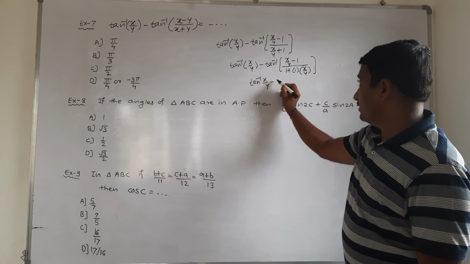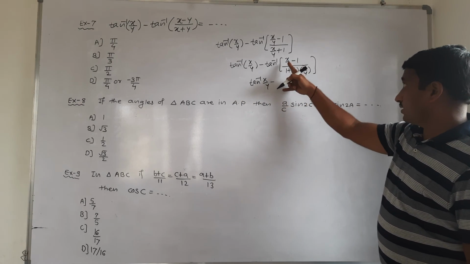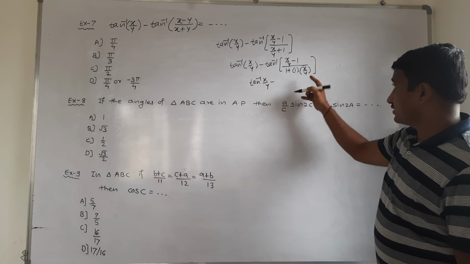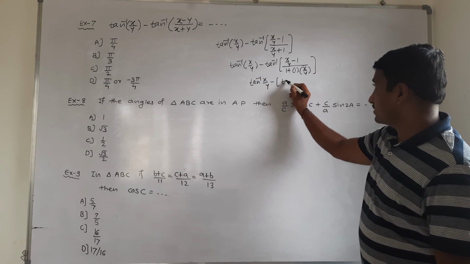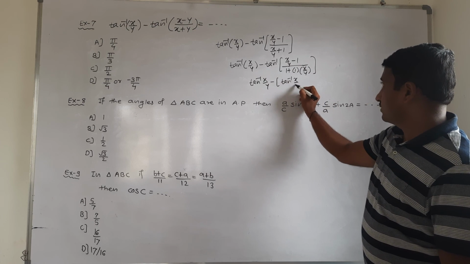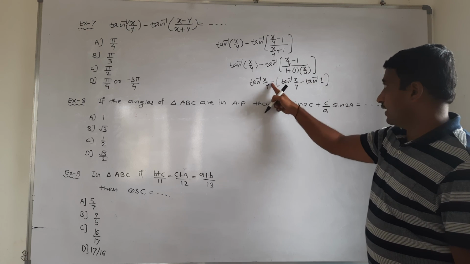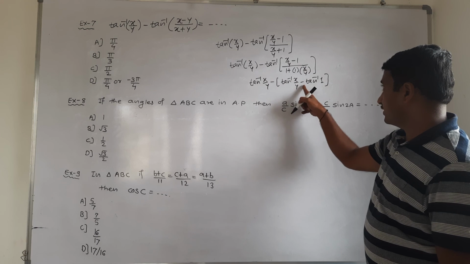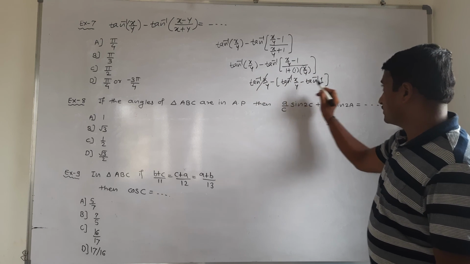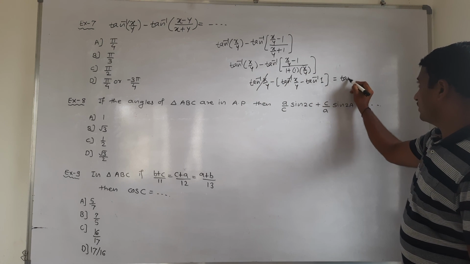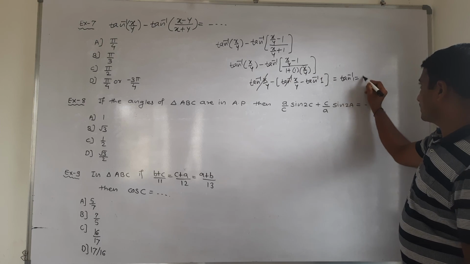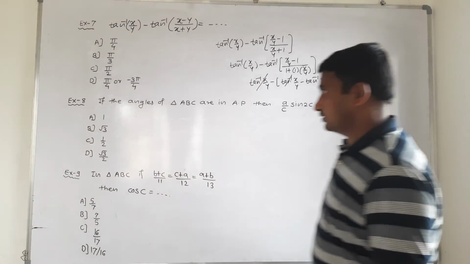Now this is minus tan inverse of a minus b upon 1 plus ab, and tan inverse separates: tan inverse x by y minus tan inverse 1. Now minus, minus makes plus, so these two cancel, leaving tan inverse 1 only. Tan inverse 1 is pi by 4. Therefore the answer is option a, pi by 4.